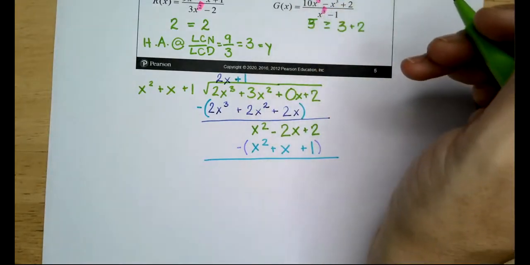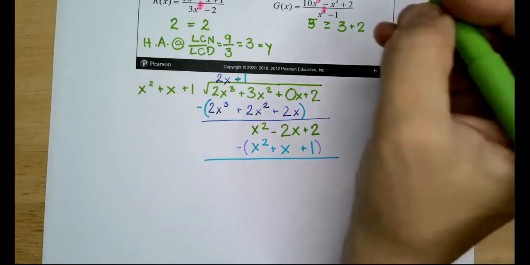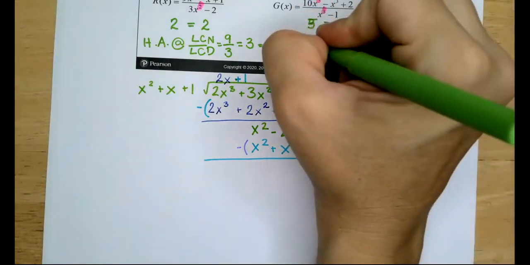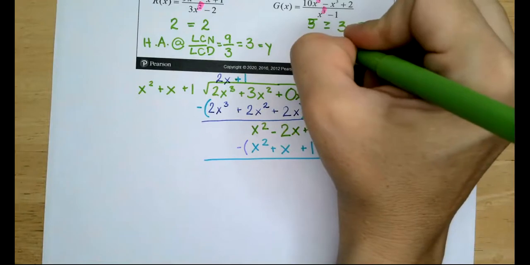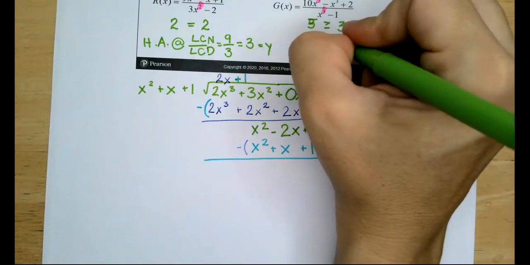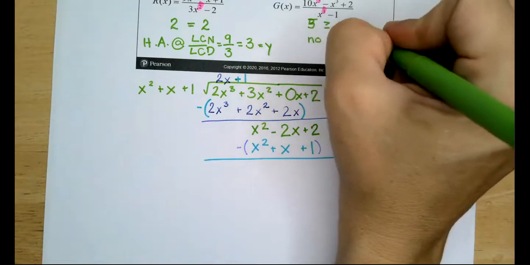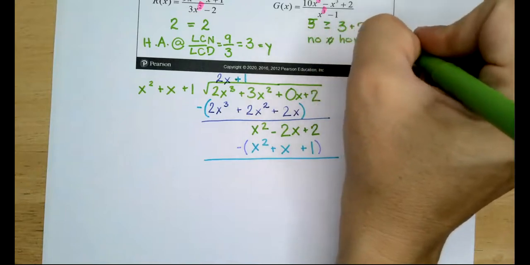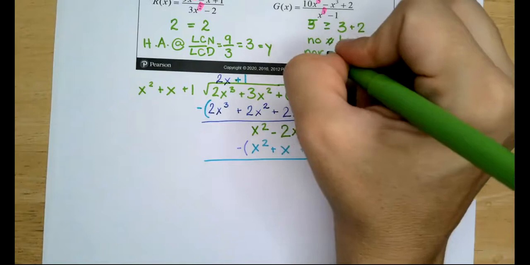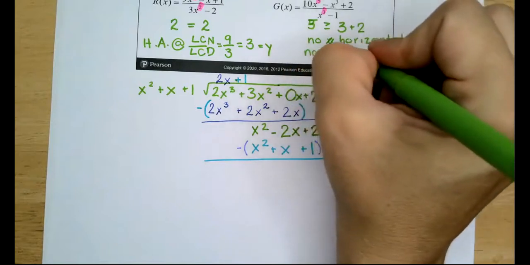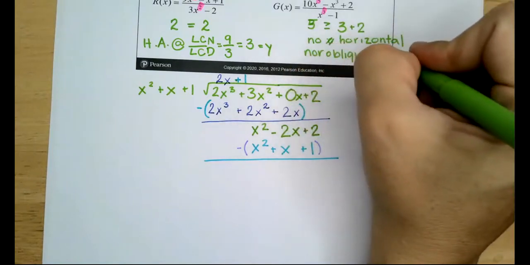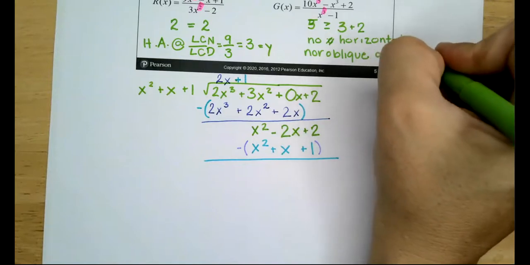No asymptote. There's no line, no height to describe what is happening mathematically. No horizontal nor oblique asymptote.